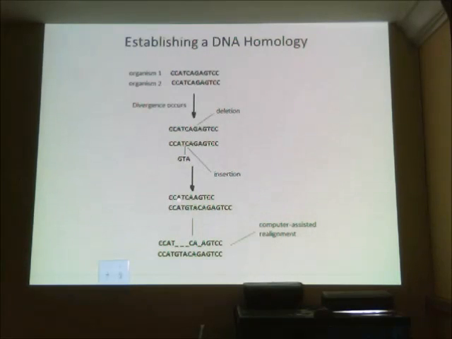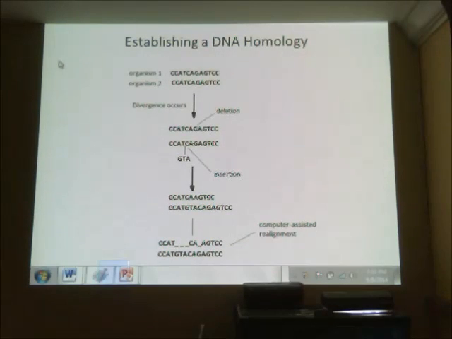So it sees the CCAT, and puts it here, and then it sees the CA, and puts that over here, and then it sees the AGTCC, puts that over here, and it recognizes the fact that there was an insertion here and a deletion here that gave rise to that. So we can really say that this is a DNA homology, that there is actually a homologous relationship here.